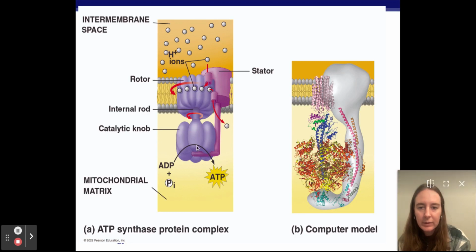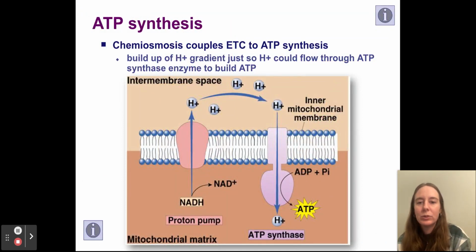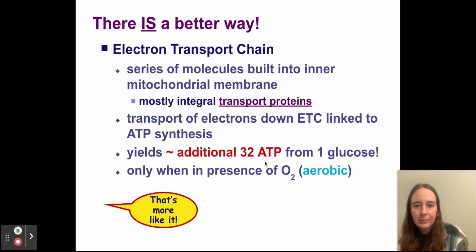Here's a picture of the protein if you were to see it using a computer model. It's an enzyme, and it's a beautiful molecule because this is the reason why we're alive. We're making all this ATP using ATP synthase. We talked about chemiosmosis: we're coupling the electron transport chain, using this buildup of hydrogen ions so they can flow down and produce ATP. So this is the better way of making ATP.